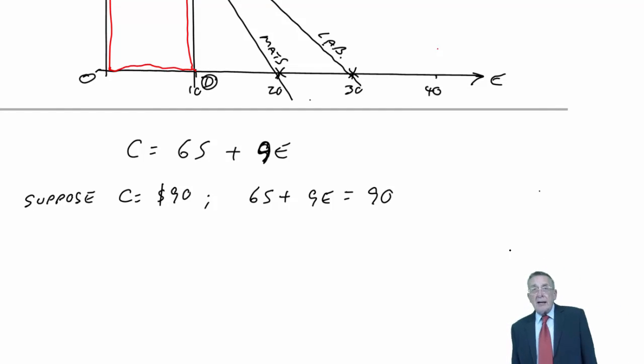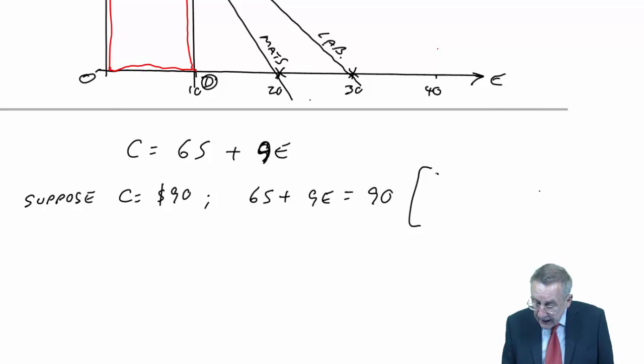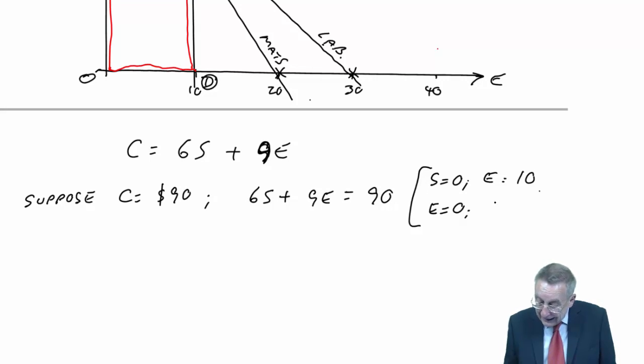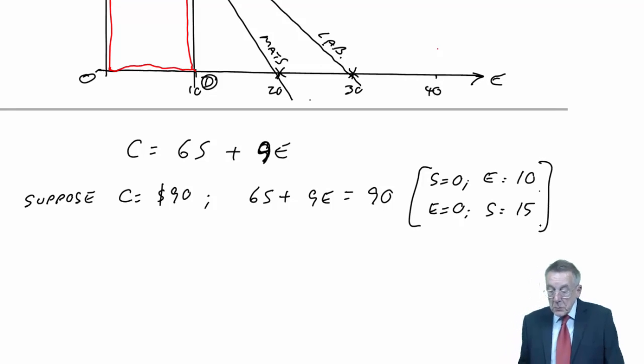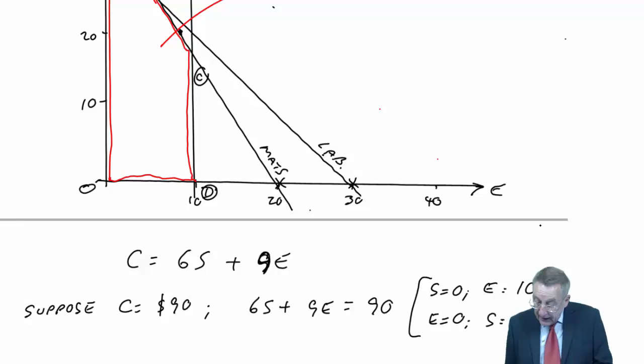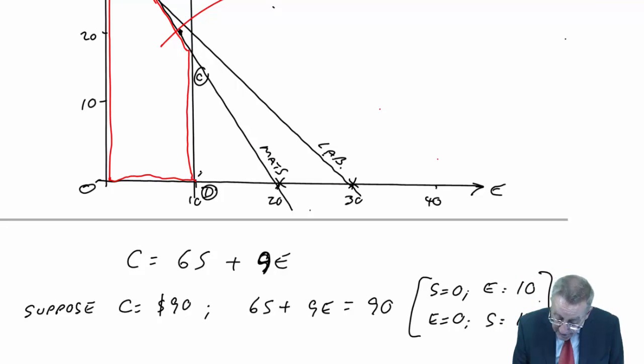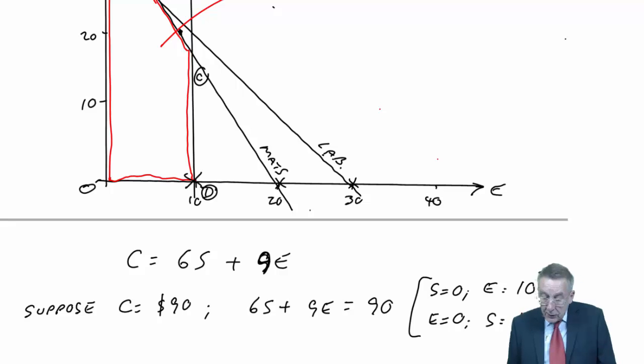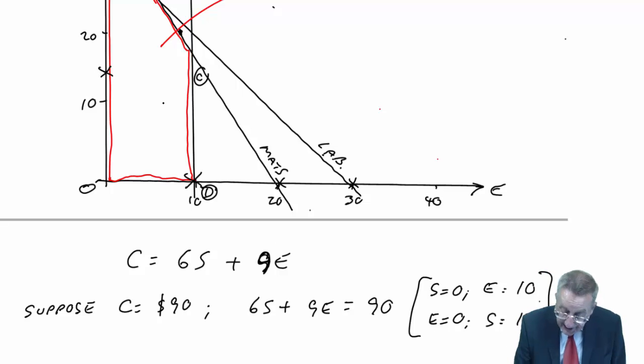And let me draw it on the graph like I did the constraints. 2 points fix a line. So if S equals 0, 9E is 90, E equals 10. If E equals 0, S, 90 over 6 would be 15. And if I were to put that on the graph, S0 E10 would be there, E0 S15 would be there.